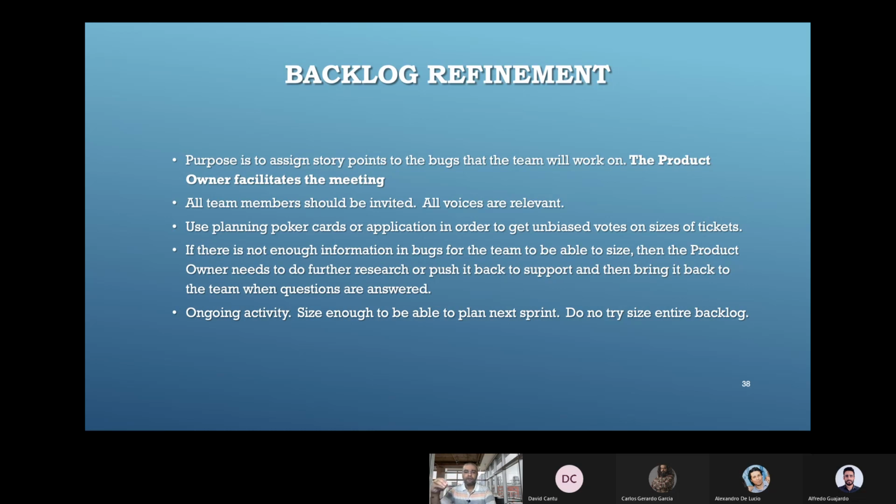If it is not there, then the product owner needs to do further research or some more discovery, so that things are crystal clear in terms of the information which the dev team would need for developing the software. And whether the size is enough to plan the next sprint or not. All these things will be mentioned in the backlog.